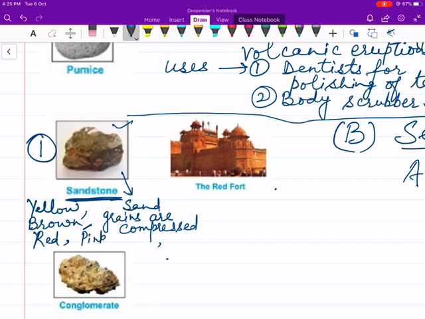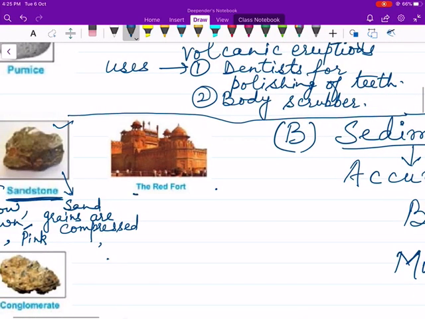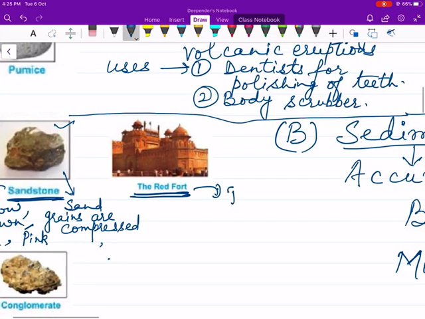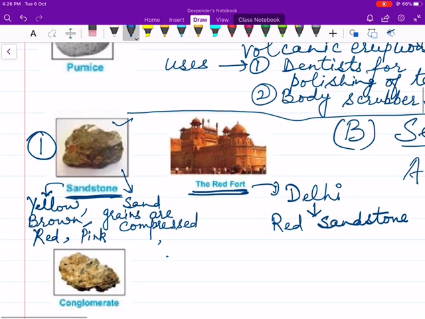These are the various colors in which the sandstone is formed. Here you can see in this picture the Red Fort in Delhi, that is made up of red sandstone. So this is about the first type of sedimentary rock, that is called the sandstone.